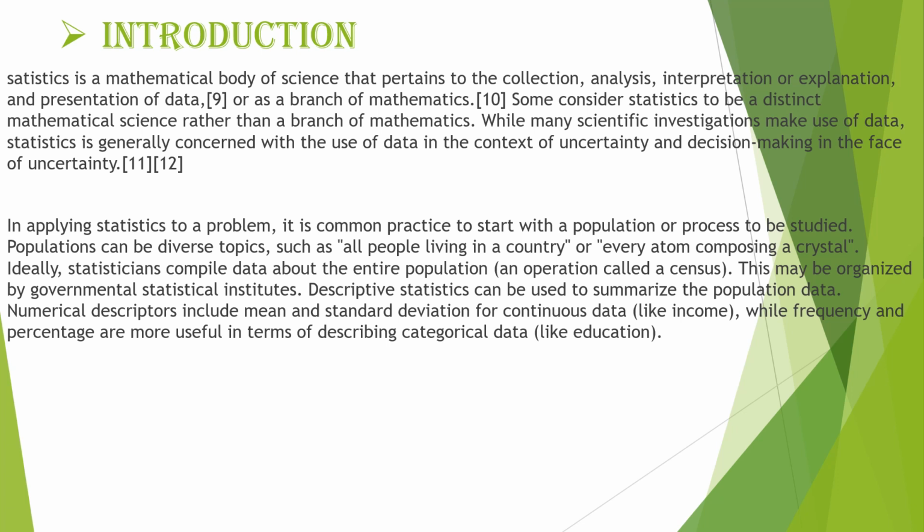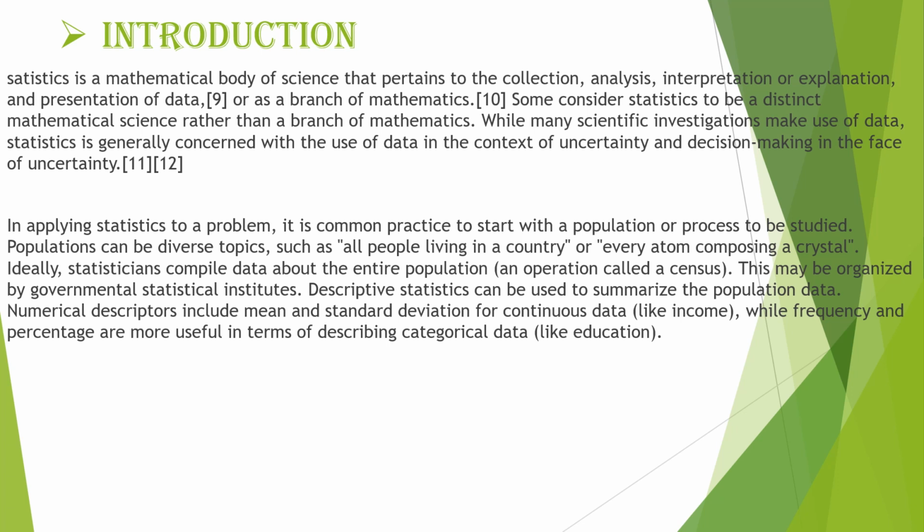In applying statistics to a problem, it is common practice to start with the population or process to be studied. Population can be diverse topics such as all people living in a country or every atom composing a crystal. Ideally, statisticians compile data about the entire population, an operation called census.